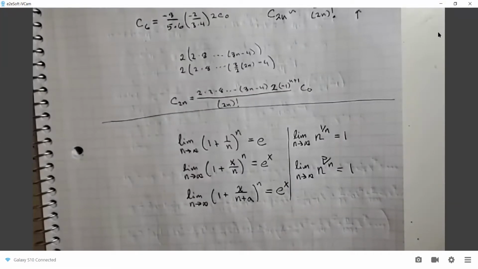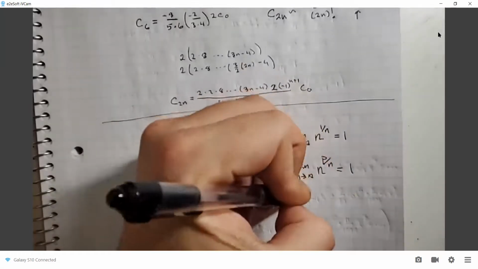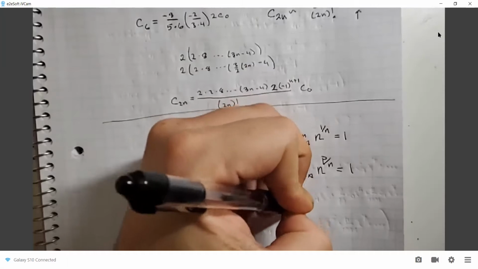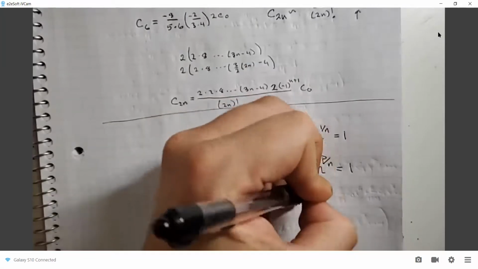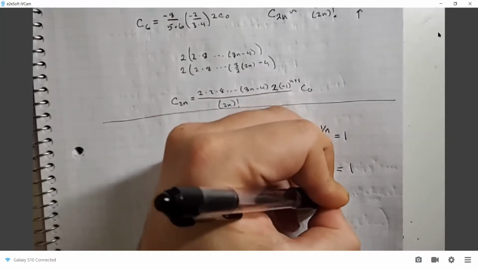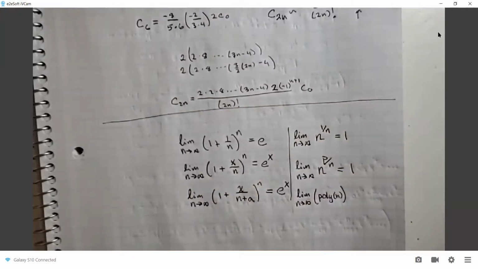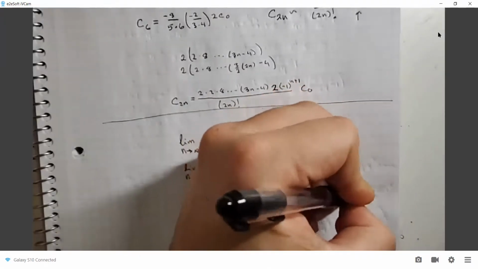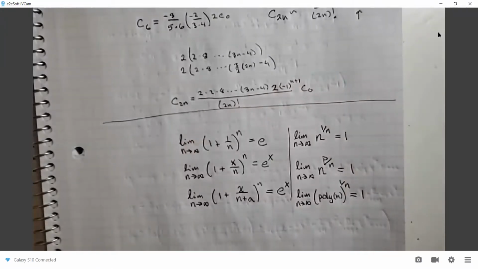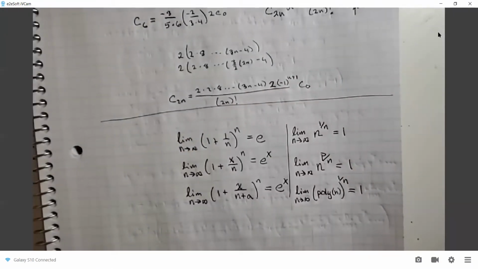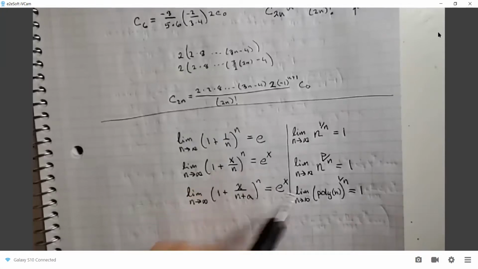So if you do the root test where you've got some polynomial, in fact, actually here, the limit as n approaches infinity of poly of n, where that just means some polynomial in n, raised to the 1 over n, that's 1. Okay, this is probably the most general way of writing that. So these are useful if you're using the root test, I think.